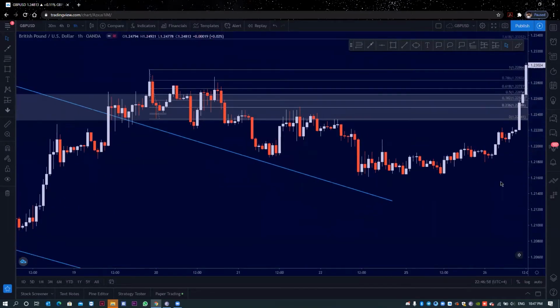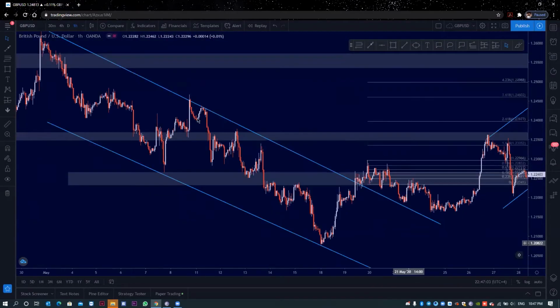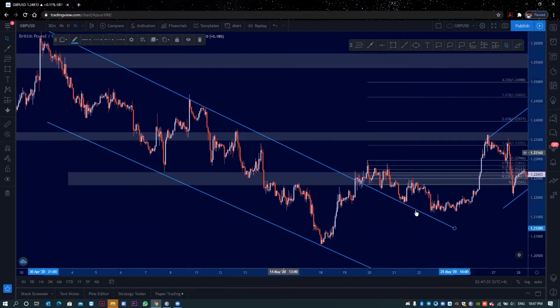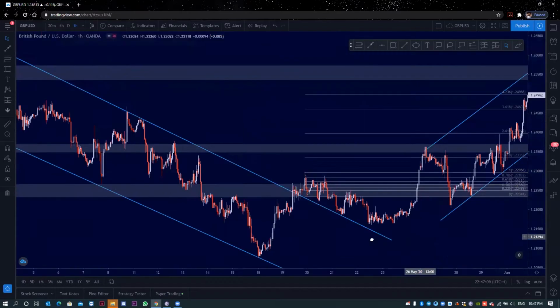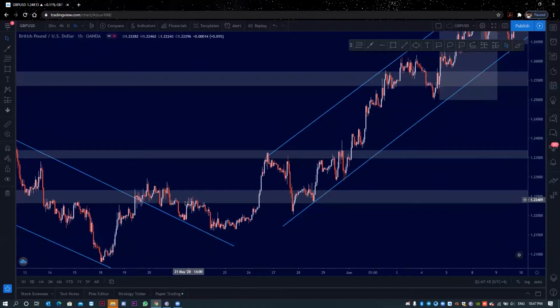When it came down, they retraced it, bearish trend. You can see my bearish trend is running. They retraced it and it came down, rising again. I could see another consolidation there, right? When it retraced, there's another consolidation.